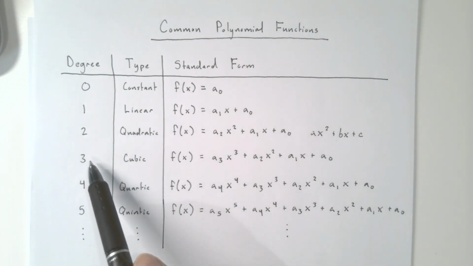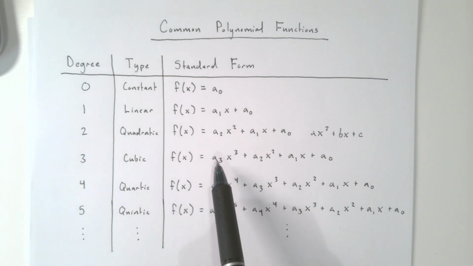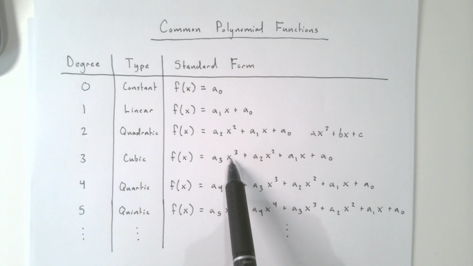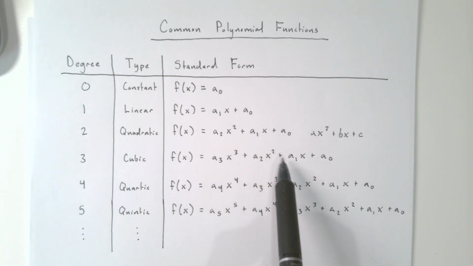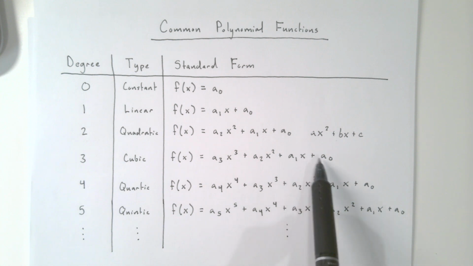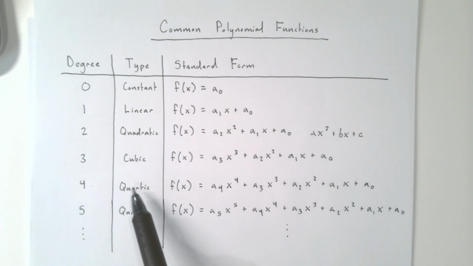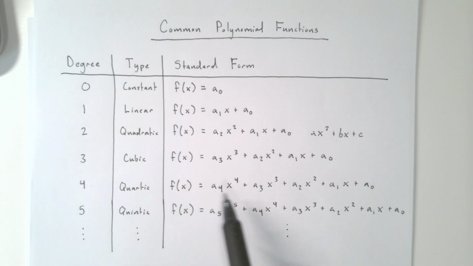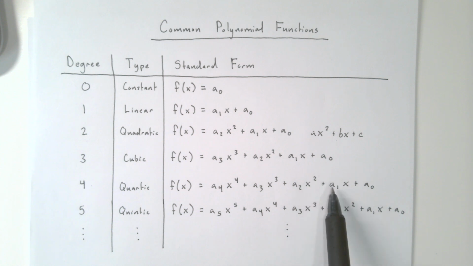But our third degree polynomials we call cubics, and so it's a number times x to the third, a number times x to the second, a number times x, and then plus a number or minus a number, it doesn't really matter. Our fourth degree polynomials we call quartic polynomials: a number times x to the fourth, number x to the third, number x to the second, number x plus a number.